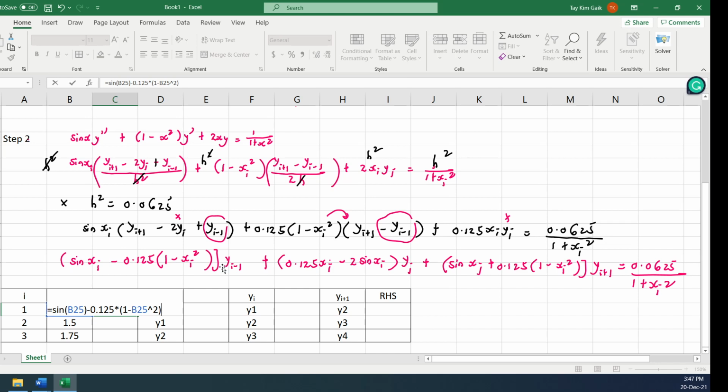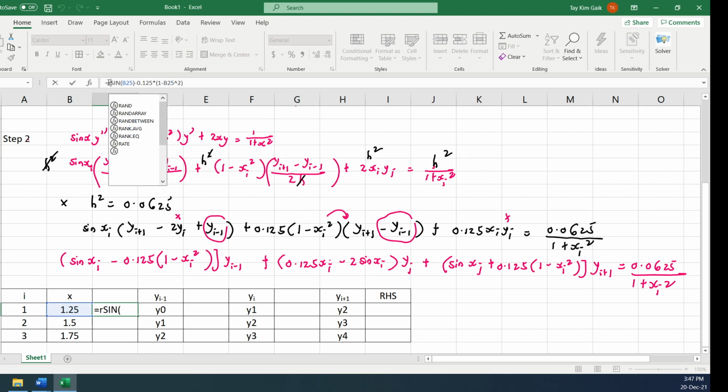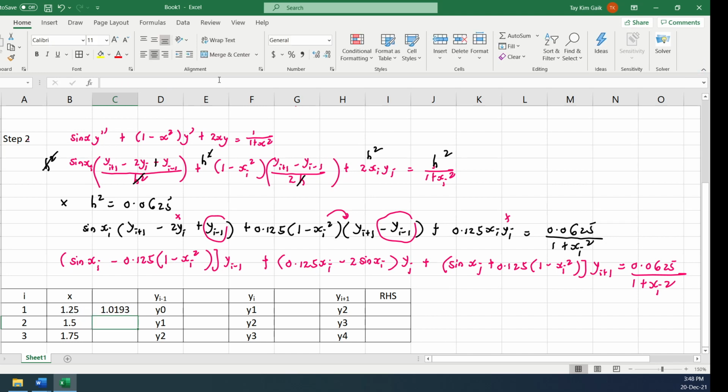Make sure the asterisk is there. Enter. This one I didn't round; if you want to round, use round and then comma 4.